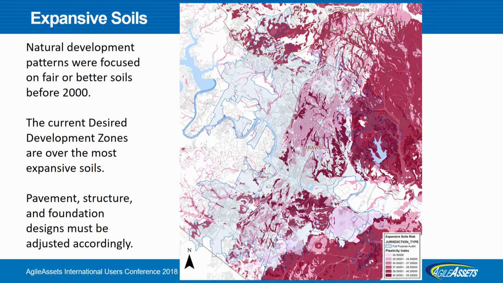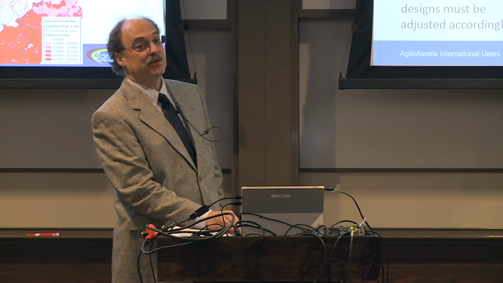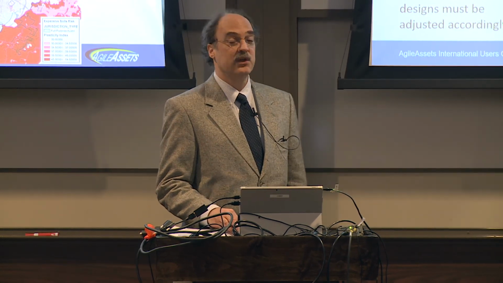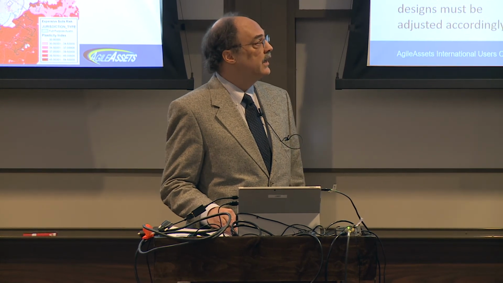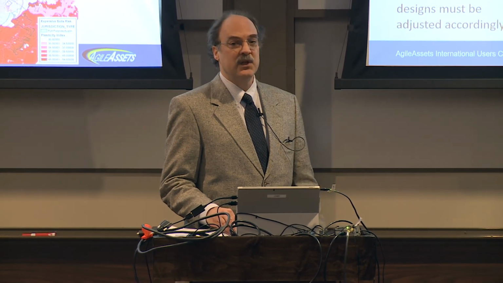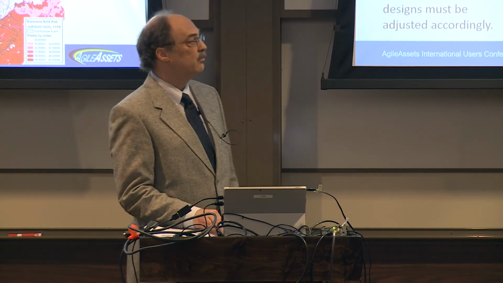There's a swath of expansive soils running up through Colorado and then all the way up through the Dakotas, I believe, and it's a challenge. So some of our streets are on really good soils, and some are on really bad soils. If you put a pavement on a bad foundation, it doesn't perform very well unless you do all the right things.